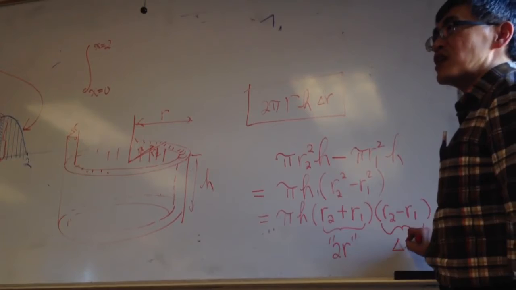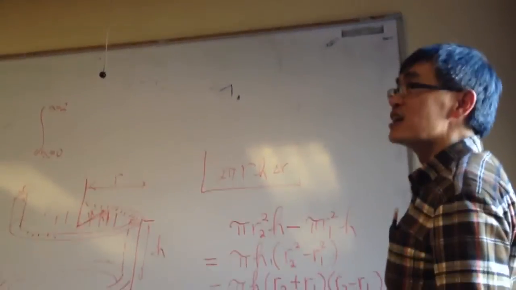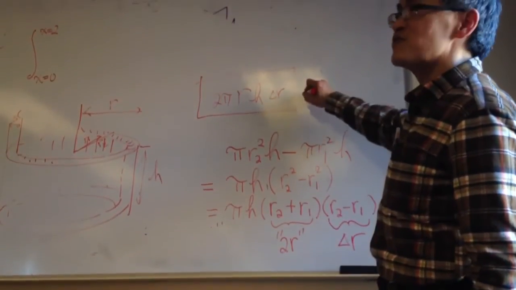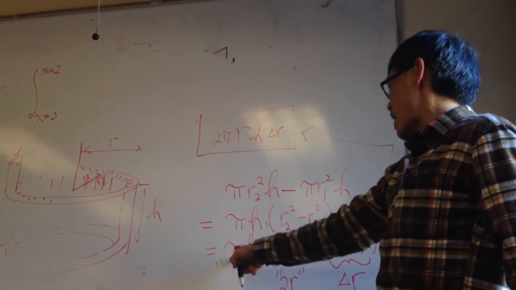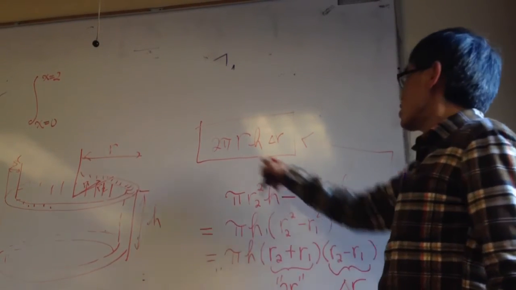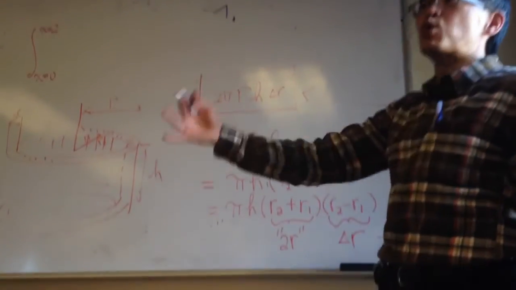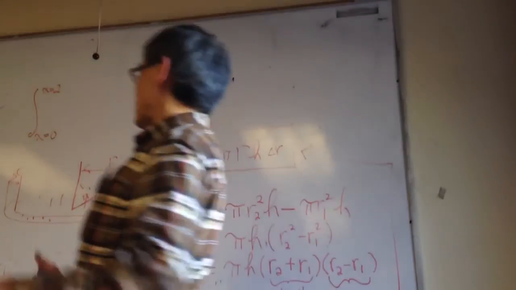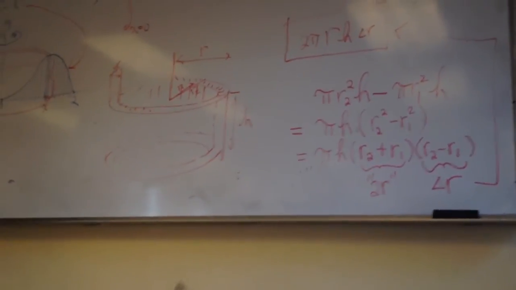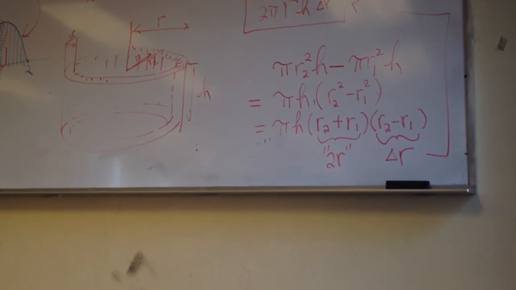Delta r. It's a tiny difference. And therefore, I reproduce which formula? This formula: 2 pi r h delta r. So this is a little bit more careful derivation. But I mean, the first approach would suffice. Just imagine that you cut it and unfold it to get a rectangular piece.